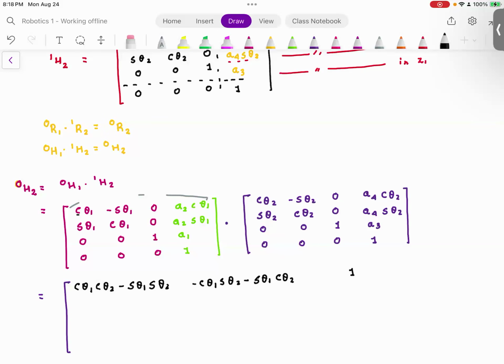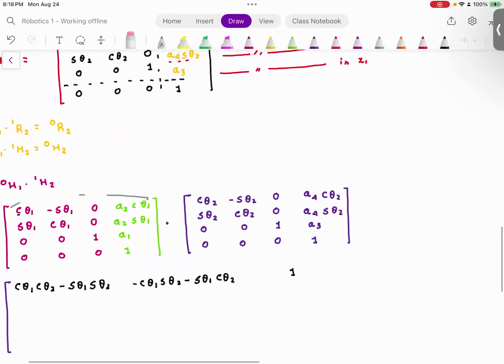So first row, this is going to be A4. I need to use more space. First A4 cosine theta 2 cosine theta 1, then minus A4 sine theta 2 sine theta 1.